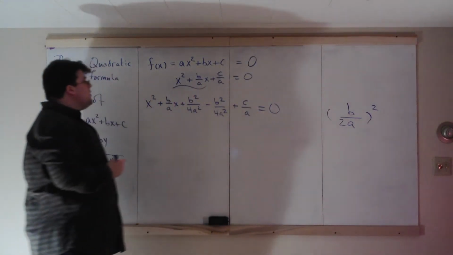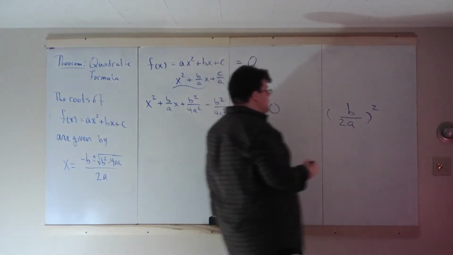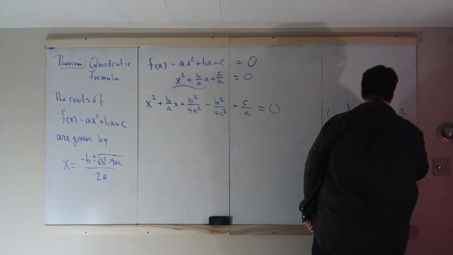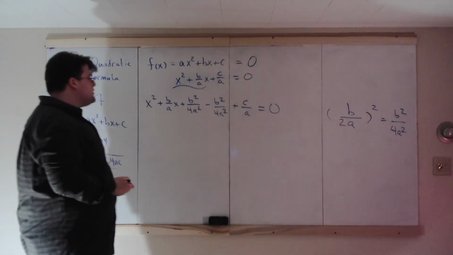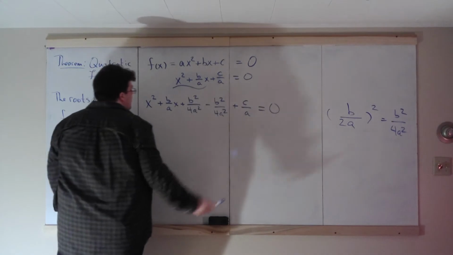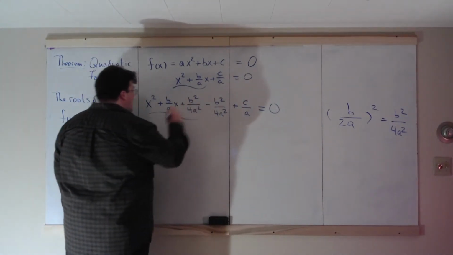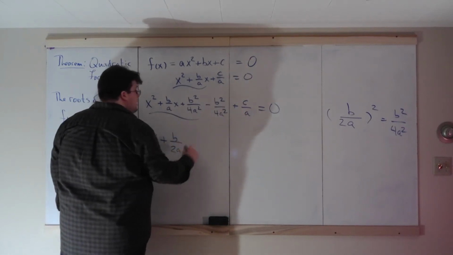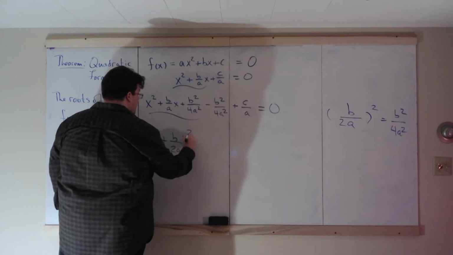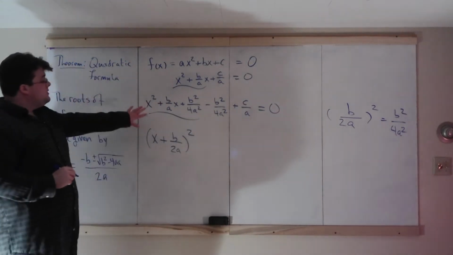So all we did in going from this second line to the third line is add 0. We needed to add b squared over 4a squared to complete the square, so we added it and we subtracted it. Well, now we can write this as a perfect square: x plus b over 2a, squared.